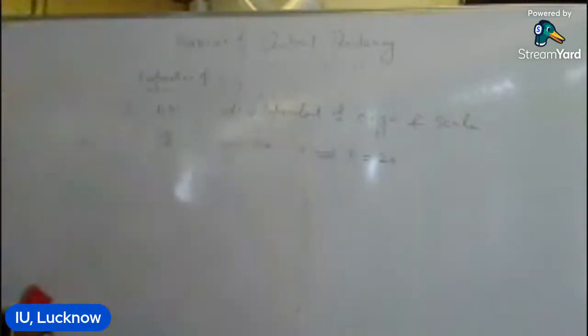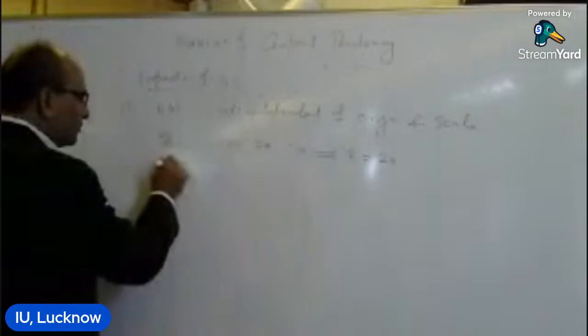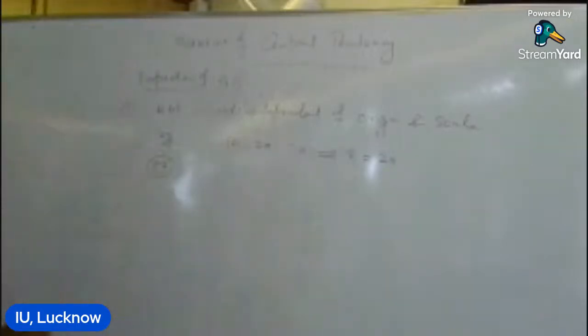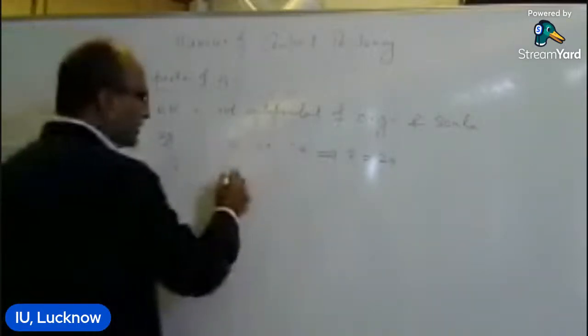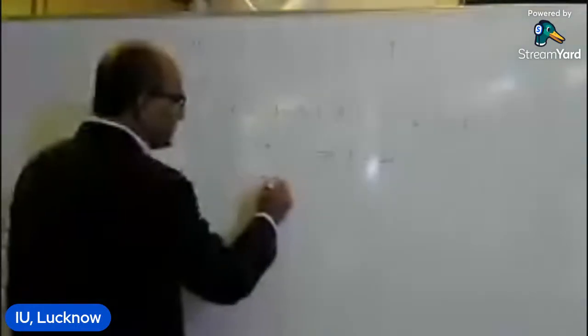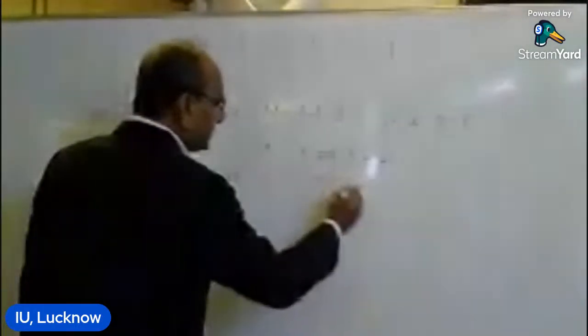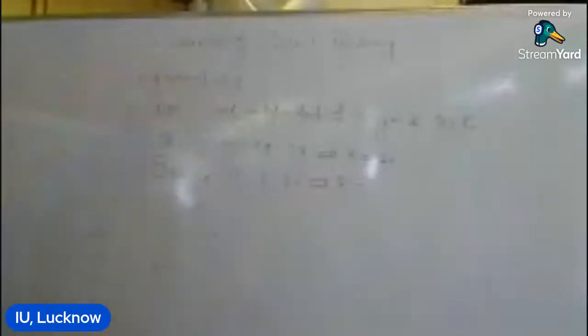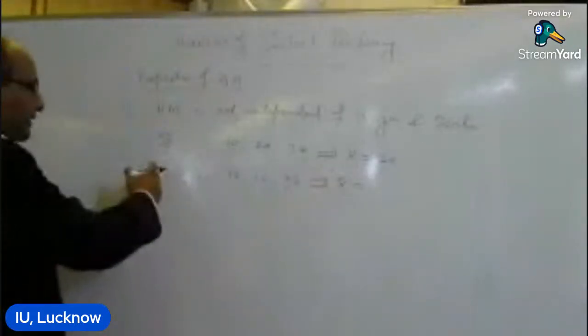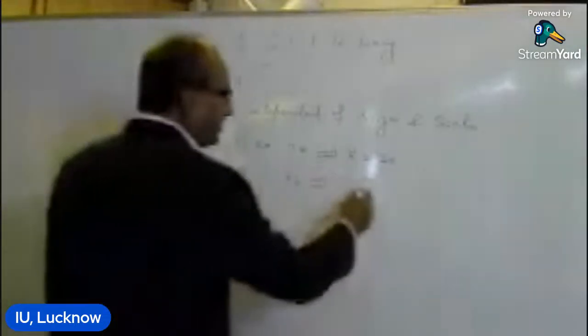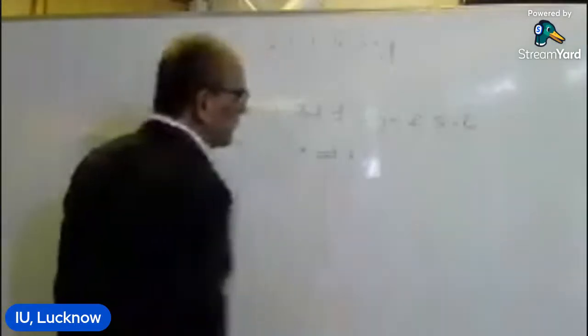Suppose we add 2 to each observation. Then these become 12, 22 and 32. Now the arithmetic mean will also increase by 2, so the arithmetic mean will be 22.